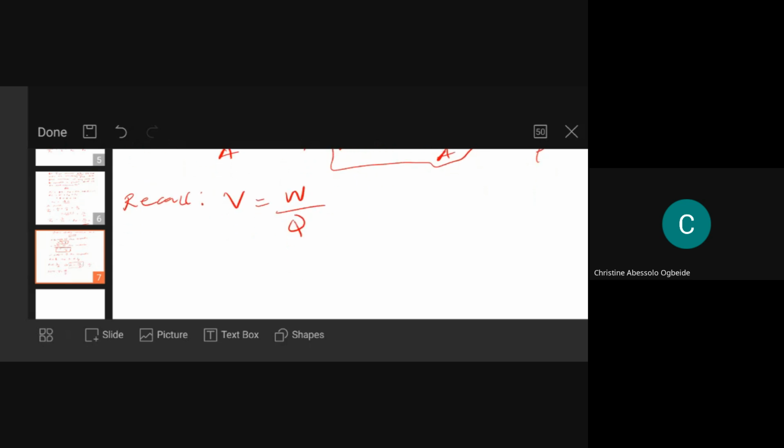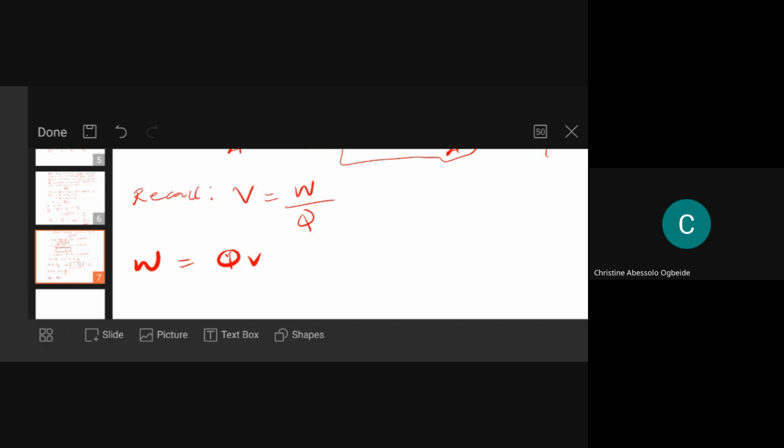When I defined EMF, I said the EMF, or the potential difference, is equal to the EMF of the cell, and that V is equal to W over Q, where V is the potential difference, W is the work done in the circuit, and Q is the charge. So from here, W is equal to QV. But remember we said that I is equal to Q over T.